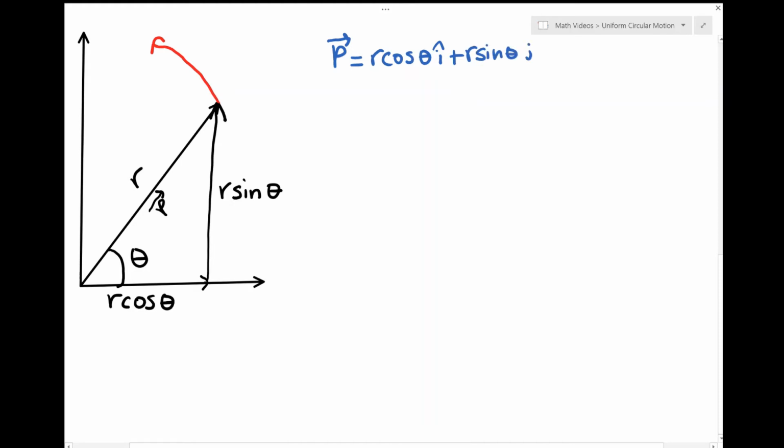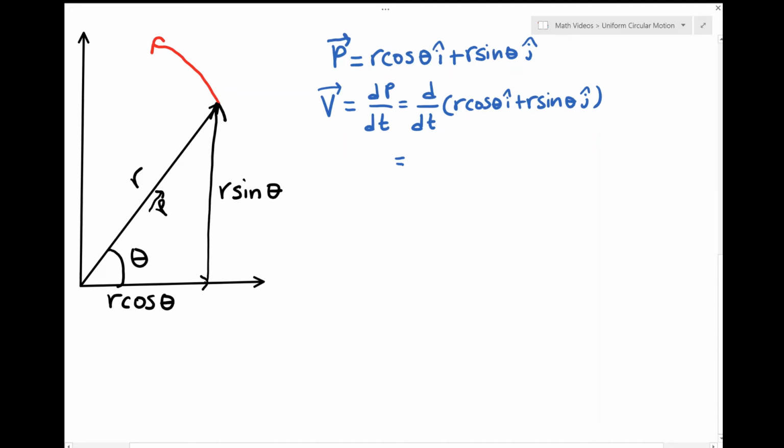theta j hat. And now we can get velocity, because we know that velocity is the derivative of position with respect to time, which is dP by dt. This equals d by dt of R cosine theta i hat plus R sine theta j hat. And so we use chain rule here.